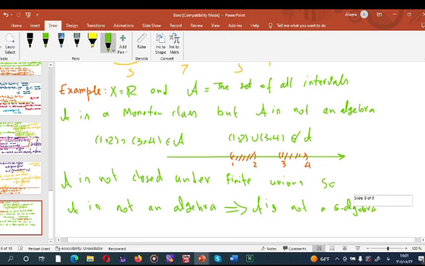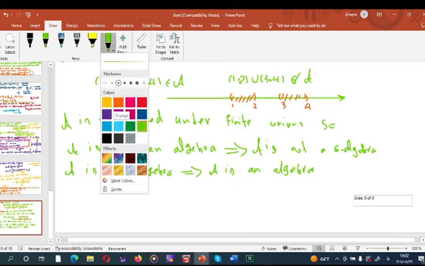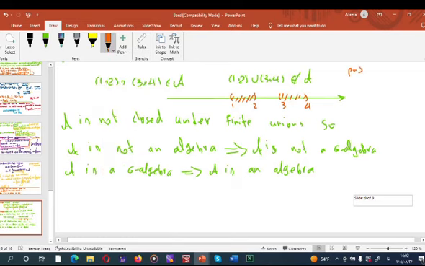Because it is very easy that if A is a sigma algebra, then A is an algebra, and these two are equivalent because we know that P then Q is equal to the negation of Q then the negation of P. Okay, we see this frequently.